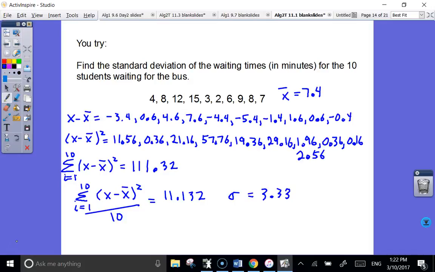The 1.6 I'd forgotten, I had to go back. That's 2.56. Then I get 0.36, 0.36, and 0.16. All those are okay? So, say again? 144.4. I must have forgotten one number in there.